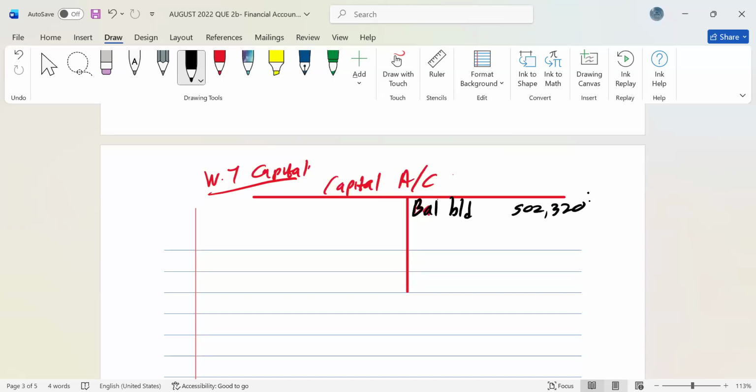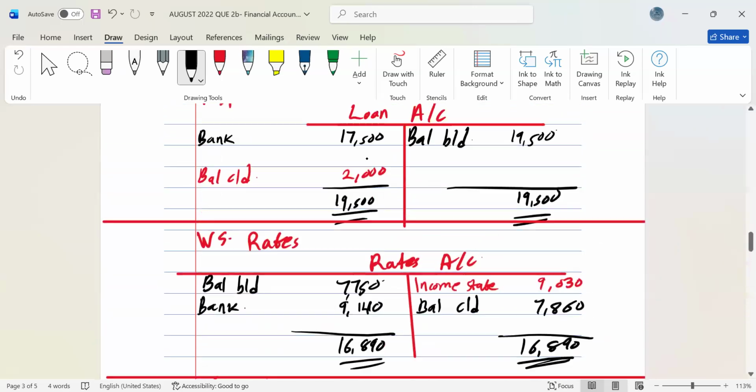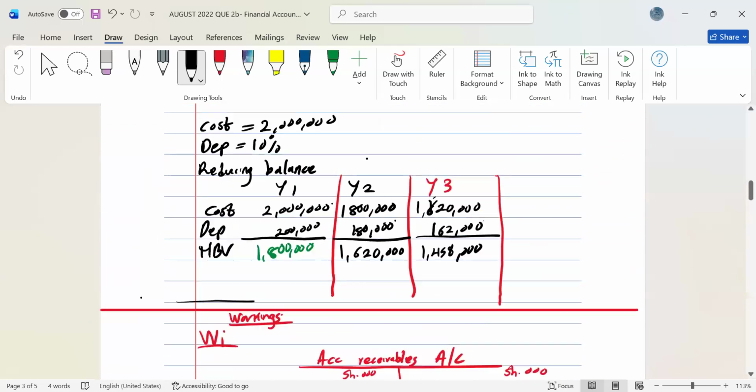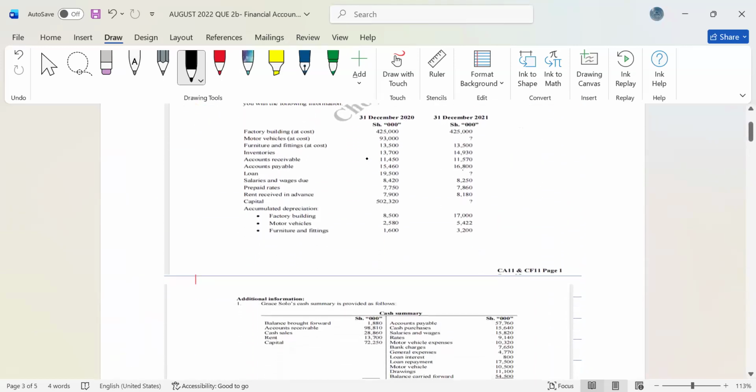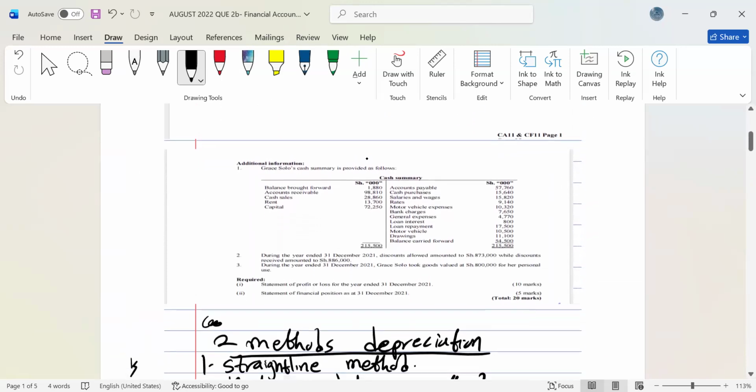Now, for that capital, did we have any transactions in terms of capital? Because we did not really have the closing figure.